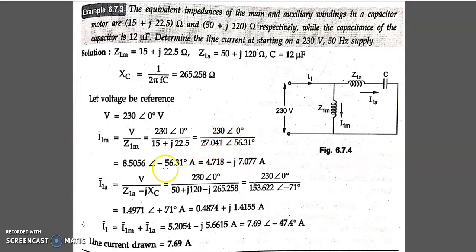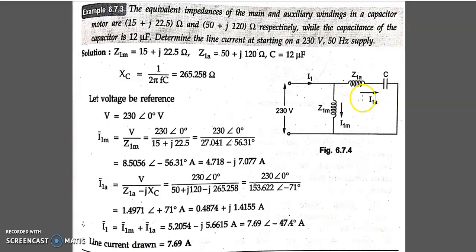Once I do the calculation in the calculator using complex form, I get the value 8.5056 at an angle minus 56.31. In rectangular form it is 4.78 minus j7.077 ampere. Hope you know how to convert between rectangular and polar.